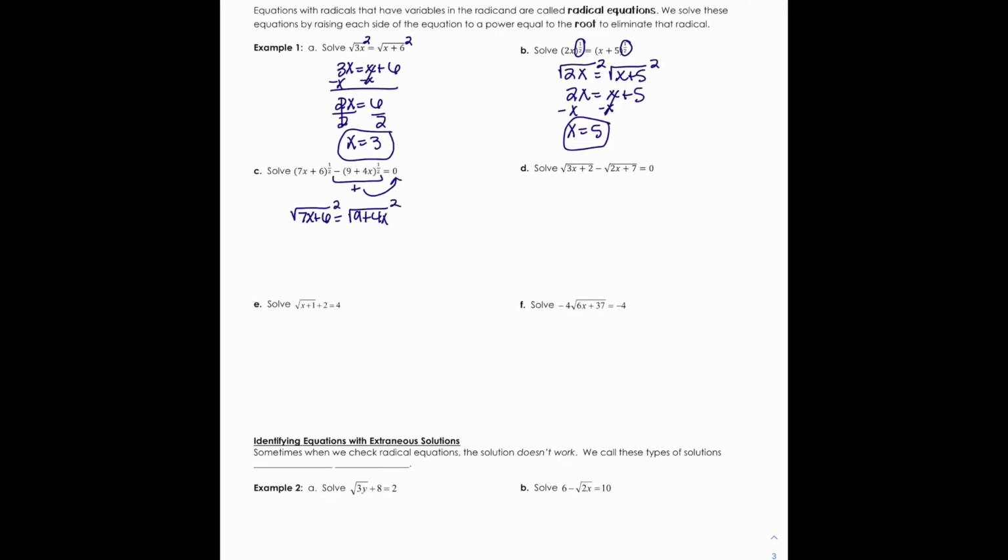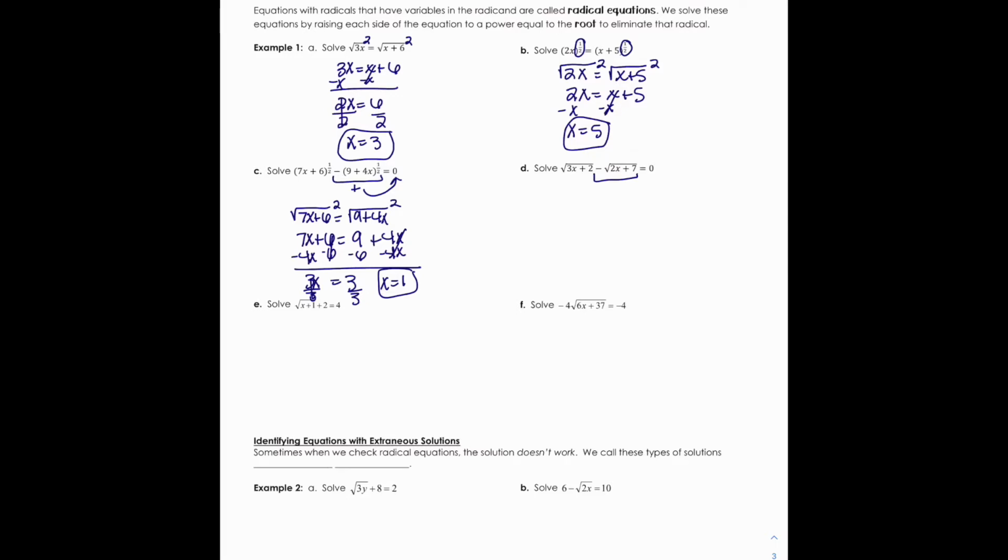Then if you square both sides, you just have 7x plus 6 equals 9 plus 4x. I'm going to subtract my 4x and get 3x, and then I'm going to subtract my 6 and get 3, and then divide by 3. So x equals 1.